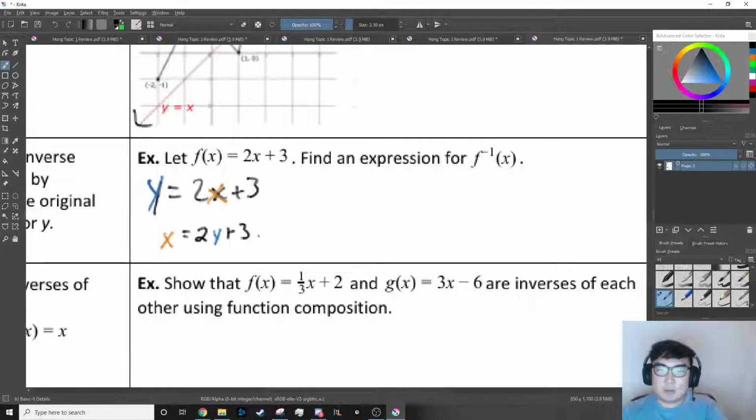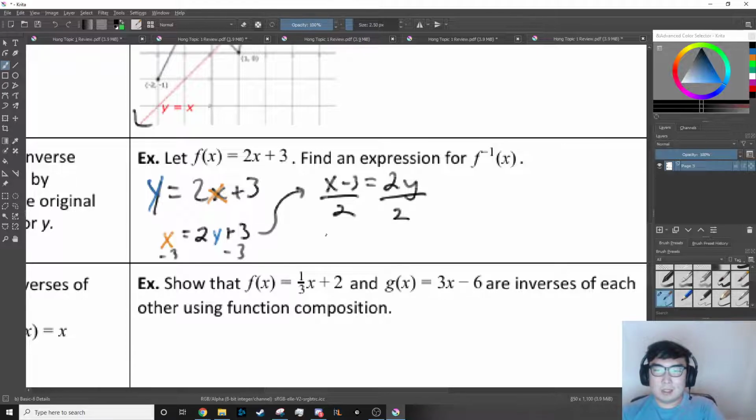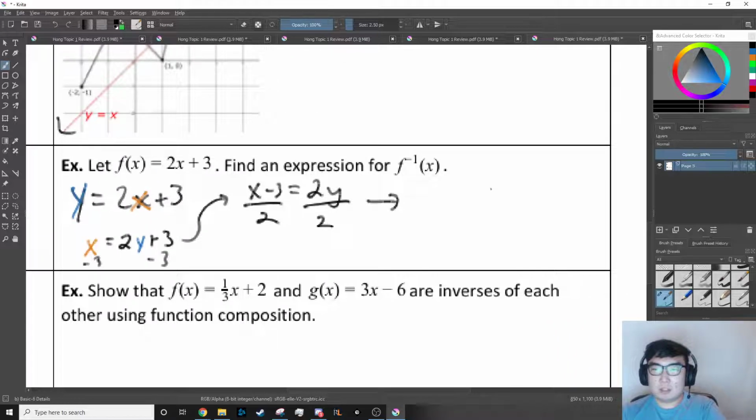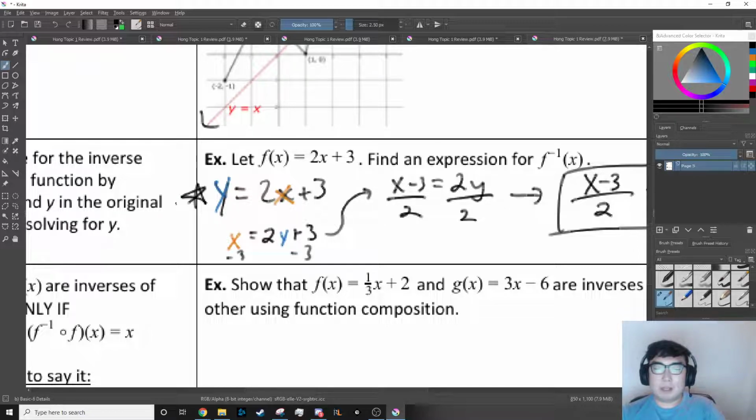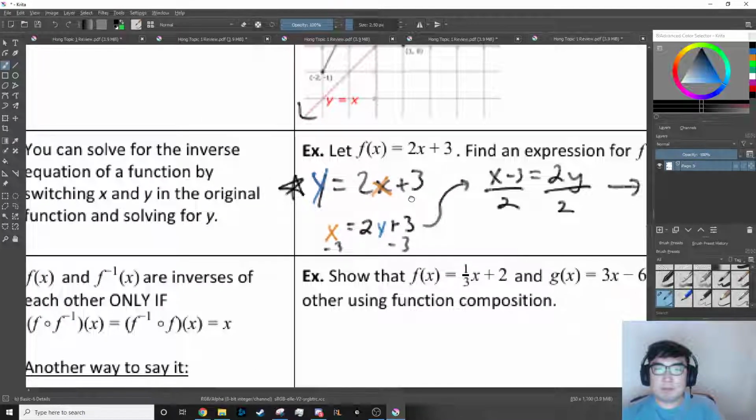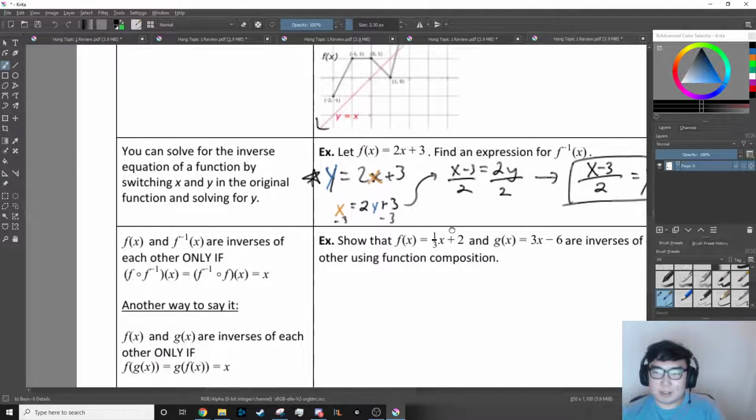And then I just solve for y, which looks like this. I subtract 3 on both sides. So x - 3 = 2y. Then I divide by 2. So this is going to equal (x - 3)/2 = y. The key step is here, where we have to switch our x and our y before we start solving.